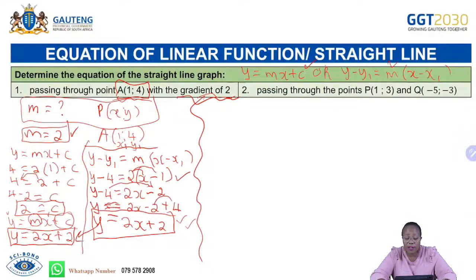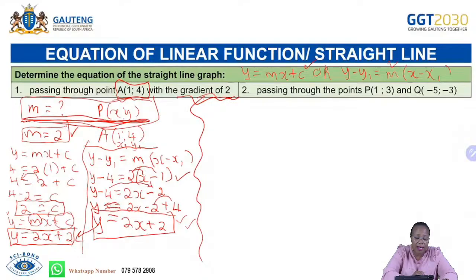And then looking at the second problem, we are still looking at the equation of a straight line, but in this case this graph will be passing through P with coordinates (1, 3) and Q with coordinates (-5, 3). Remember we said earlier, in order to have an equation you need a gradient and a point. For the point we are covered, we have 2 points to select from, but our challenge is that we do not have a gradient.